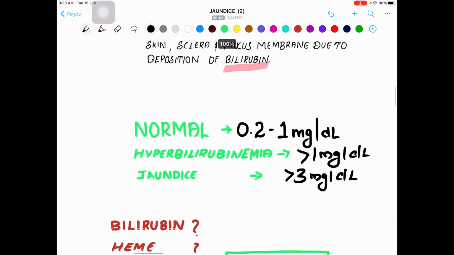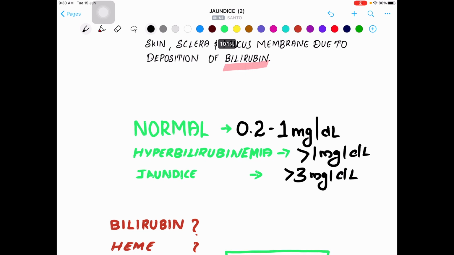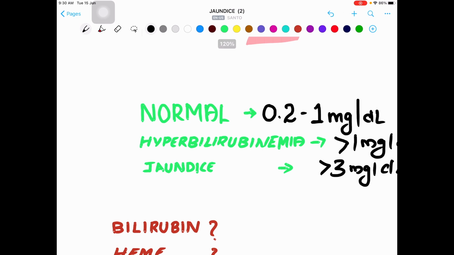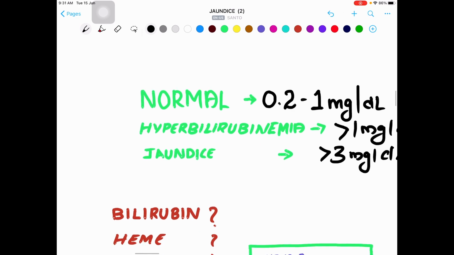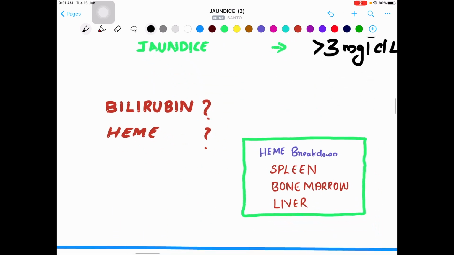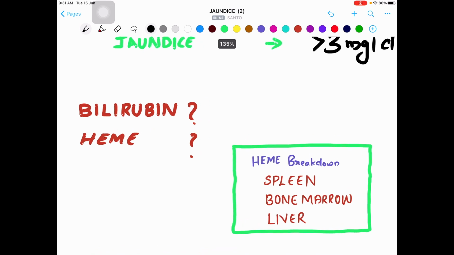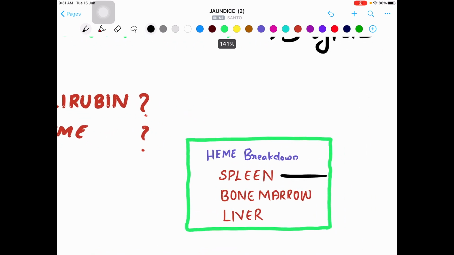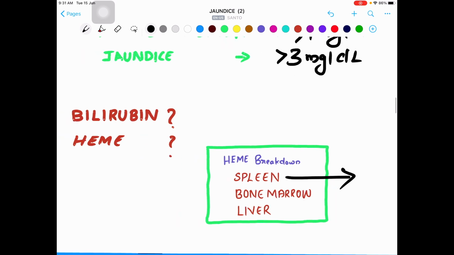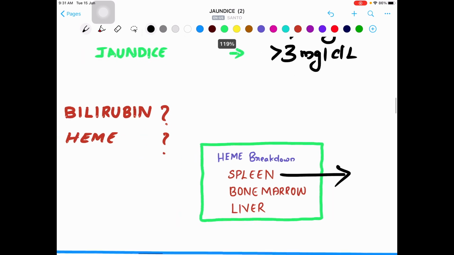Okay, actually what do you mean by bilirubin and what is heme? Let's talk about that. Bilirubin is a yellow compound that occurs in the normal catabolic pathway that breaks down heme. And where does this catabolic pathway take place? It takes place in the spleen, in the reticuloendothelial cells of the spleen.